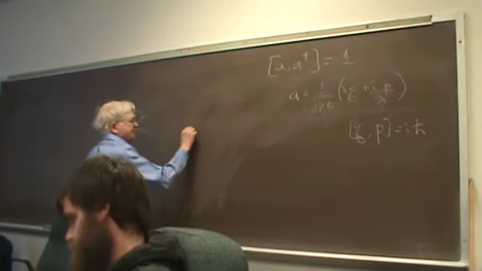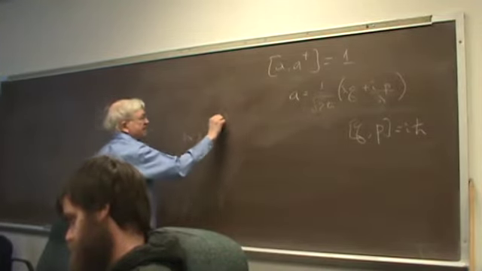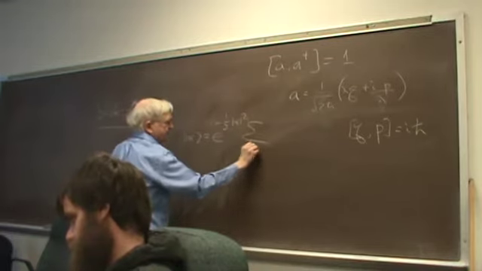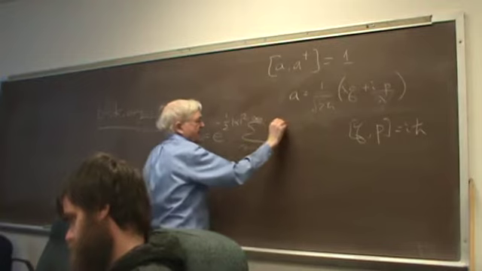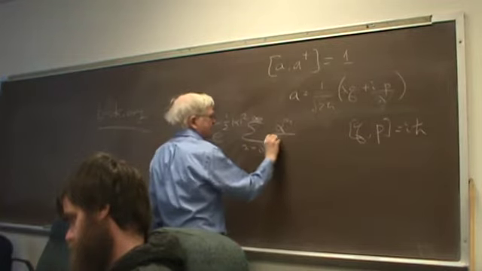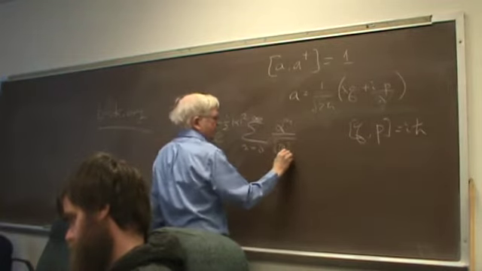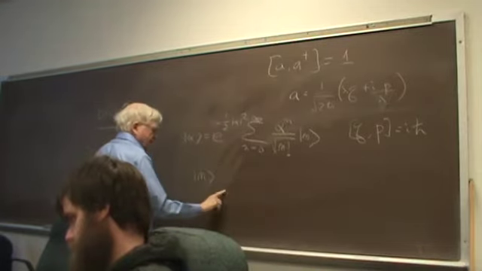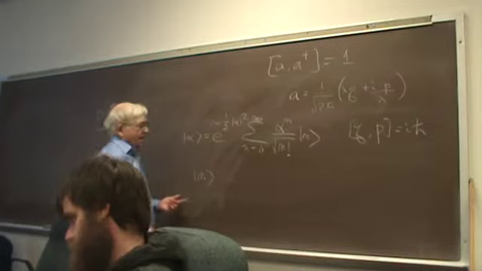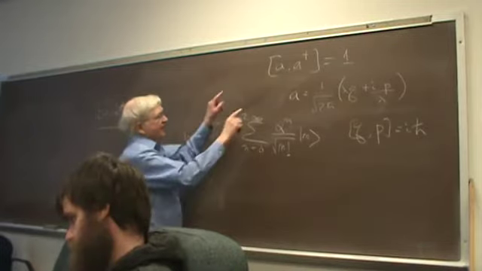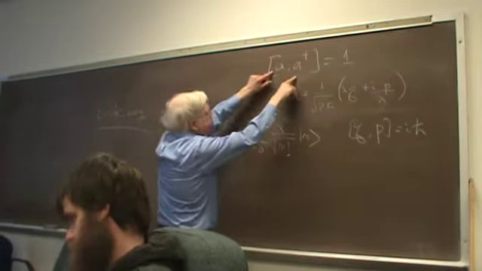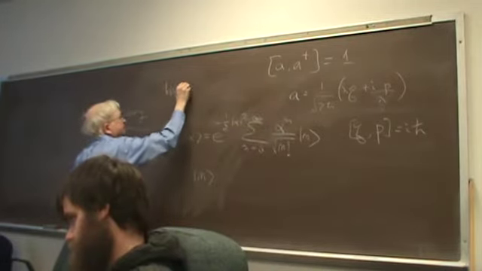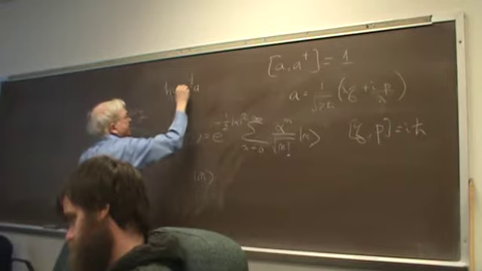Then a coherent state alpha is e to the minus a half alpha squared times the sum n equals 0 to infinity alpha to the n over the square root of n factorial times the state n. In other words, the basic Hamiltonian is h bar omega a dagger a.